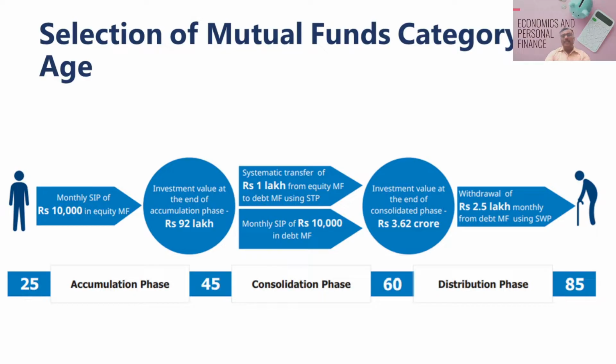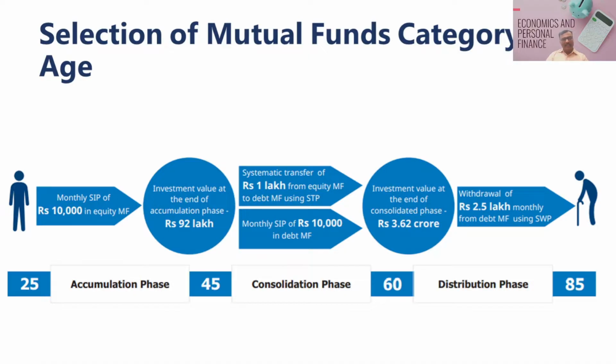60 is a typical retirement age in India. With a prudent approach and investment in sound debt fund, it is very feasible to withdraw 2.5 lakhs rupees per month as a pension sustaining until the age of 80. Here I am assuming the returns from debt fund as 8%.